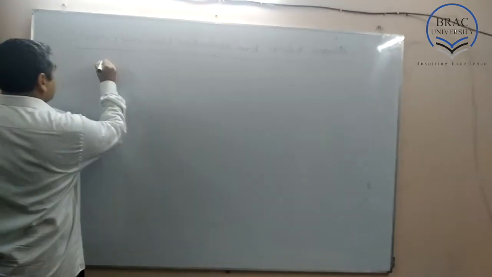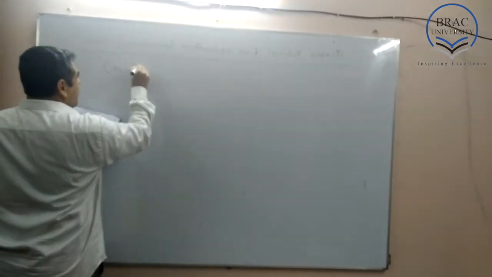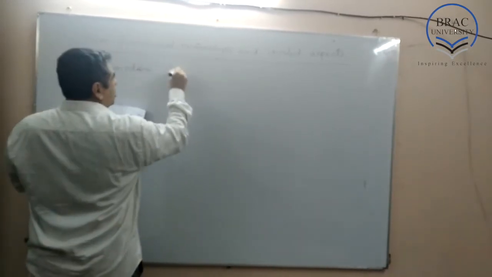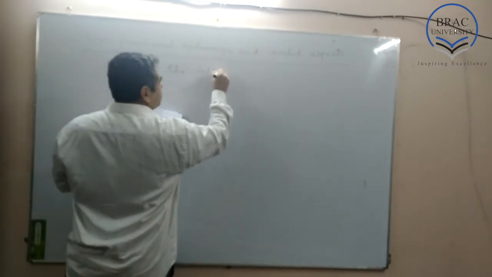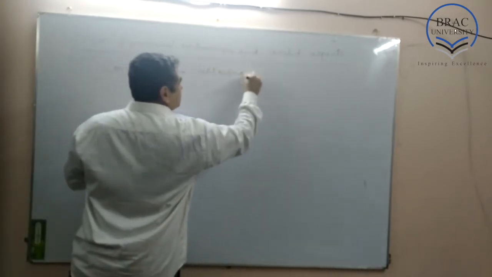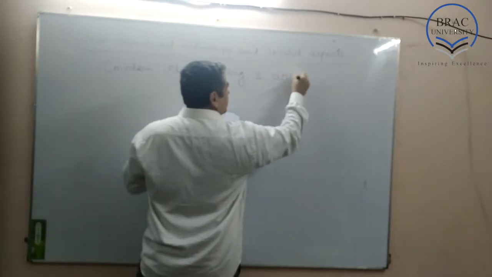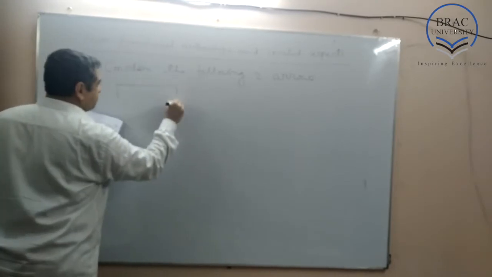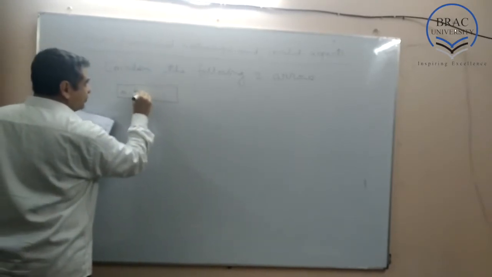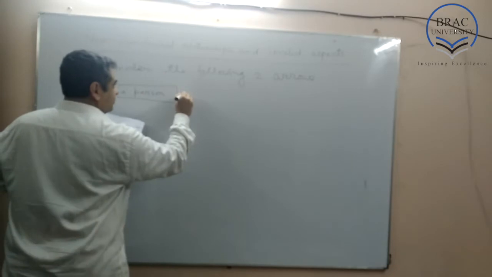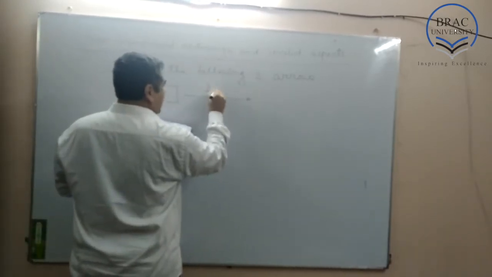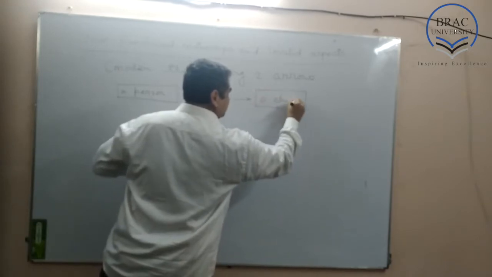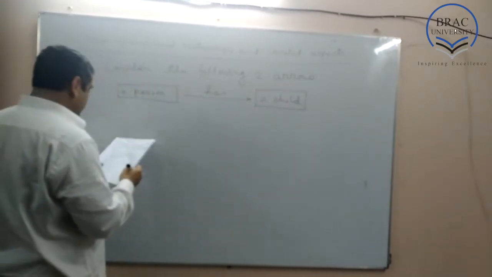So consider the following two examples. The following two arrows: a person has a child is the first example.